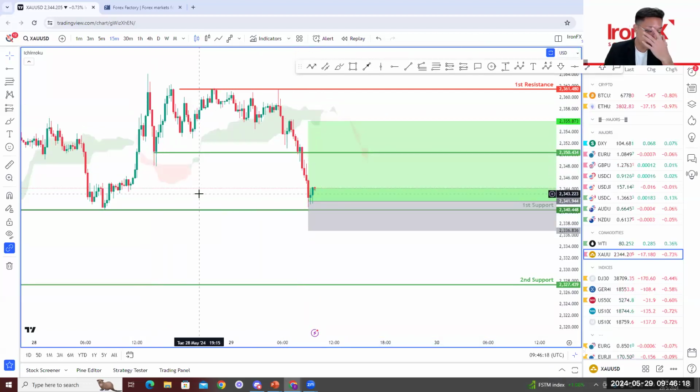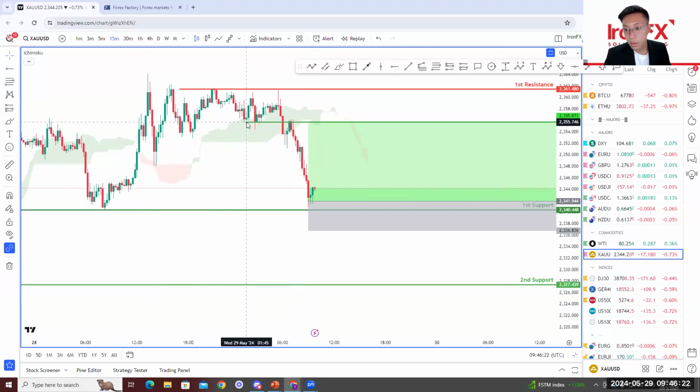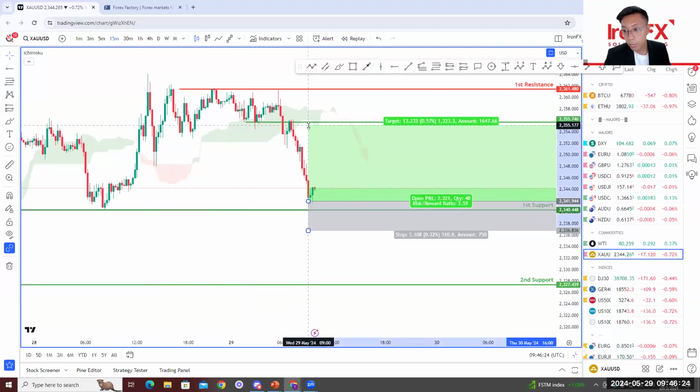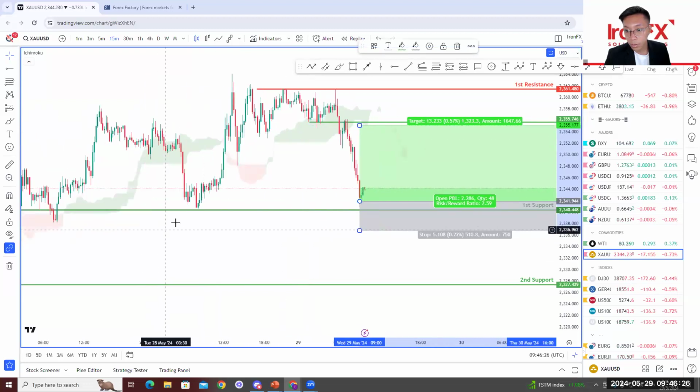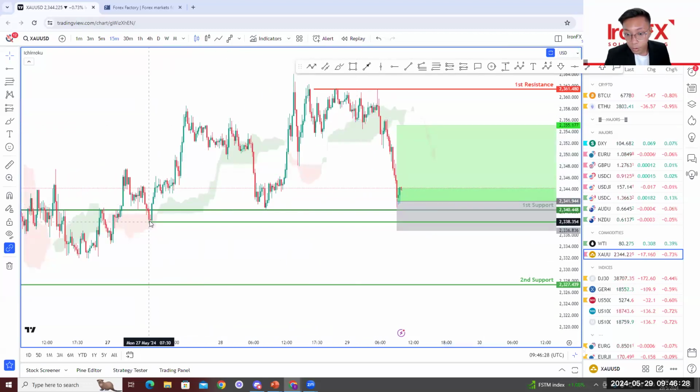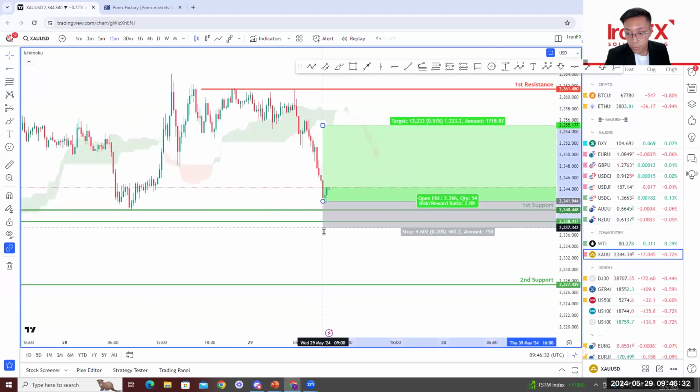Always put your TP levels before it reaches a certain key level. So you might want to put it before, and if your key level is right here, you want to place your stop loss beyond rather than on the dot itself.